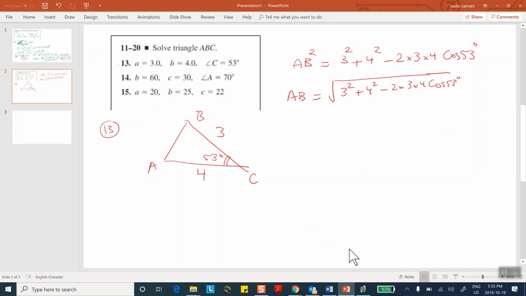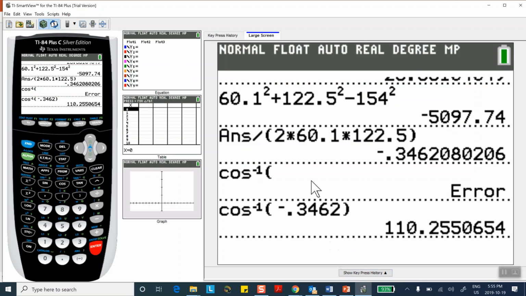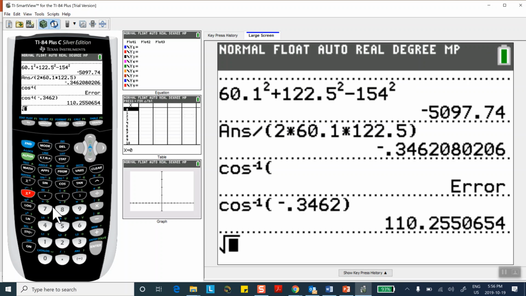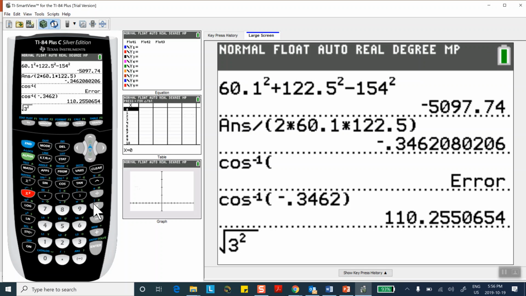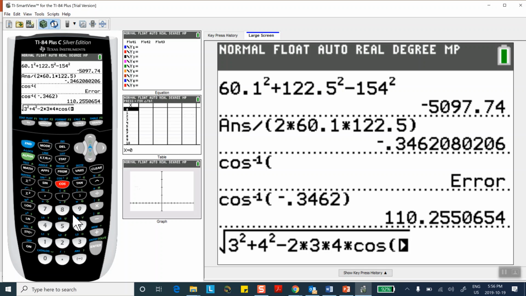So let me go ahead and type these things. Square root, second function, square root. Okay, so it was 3 squared plus 4 squared minus 2 times 3 times 4 times cosine of 53 degrees.